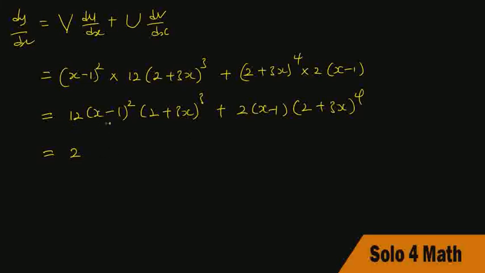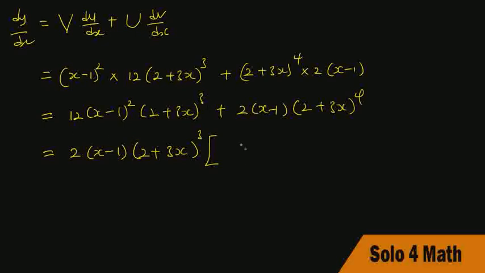I'm seeing (x minus 1) is a common factor. It is here, it is also here. I see (2 plus 3x) to power 3 as a common factor, because the least power of (2 plus 3x) in these two terms is (2 plus 3x) cubed. This one is power 3, this is power 4.